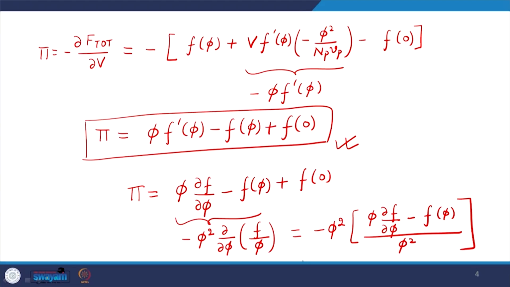There is a plus sign here, and this cancels. Therefore, I can write phi square dou by dou phi of f by phi equal to pi. So if I know the expression of pi, I can integrate this and find the expression of f. With that, I want to conclude the discussion here.